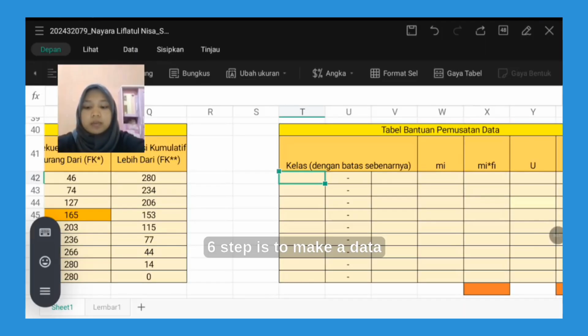The sixth step is to make a data centering table. The first is to find the class with actual limits using the lower limit minus 0.5 and the upper limit plus 0.5.